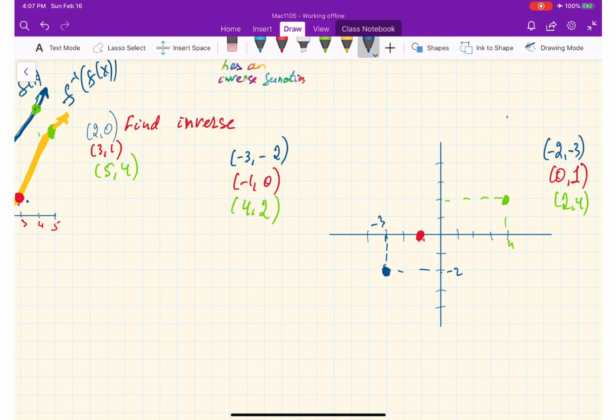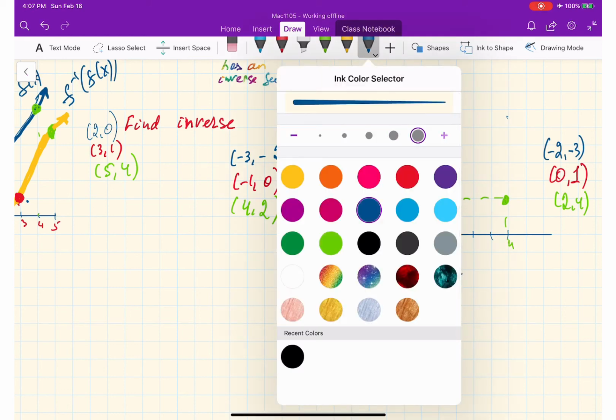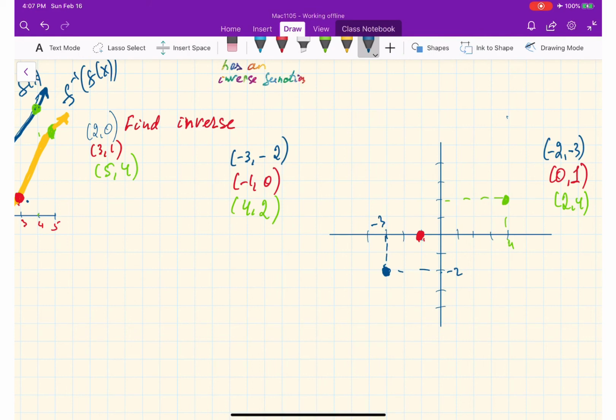Okay, so our graph goes like this. Well, maybe, let me see. Okay, this is better.